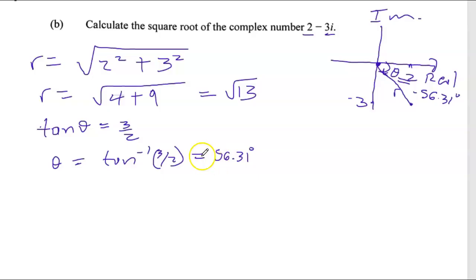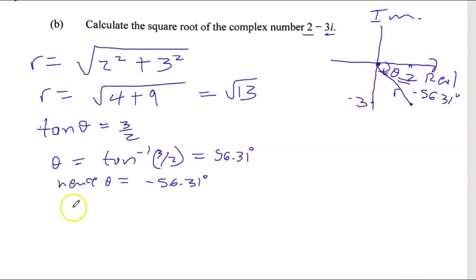So hence theta is minus 56.31 degrees, since coming from the horizontal, you're moving clockwise to r.